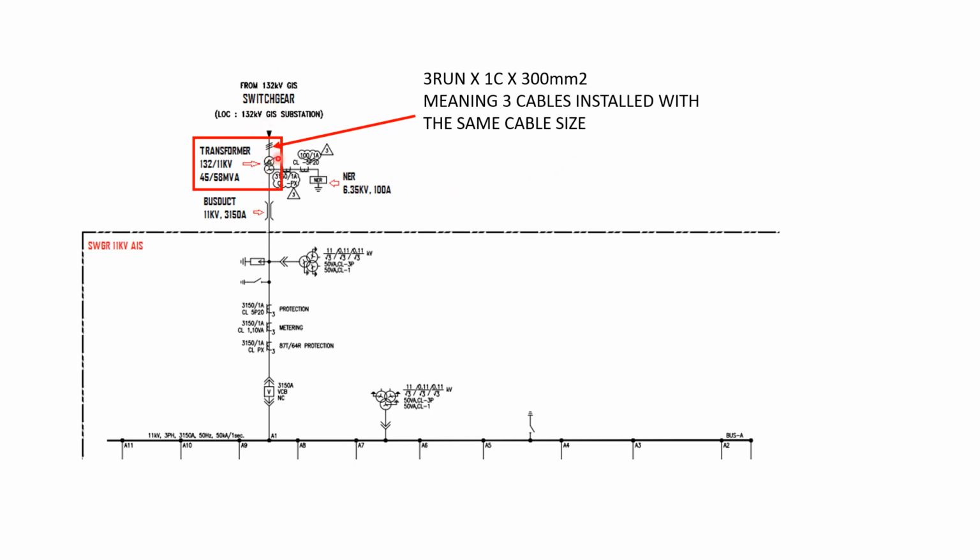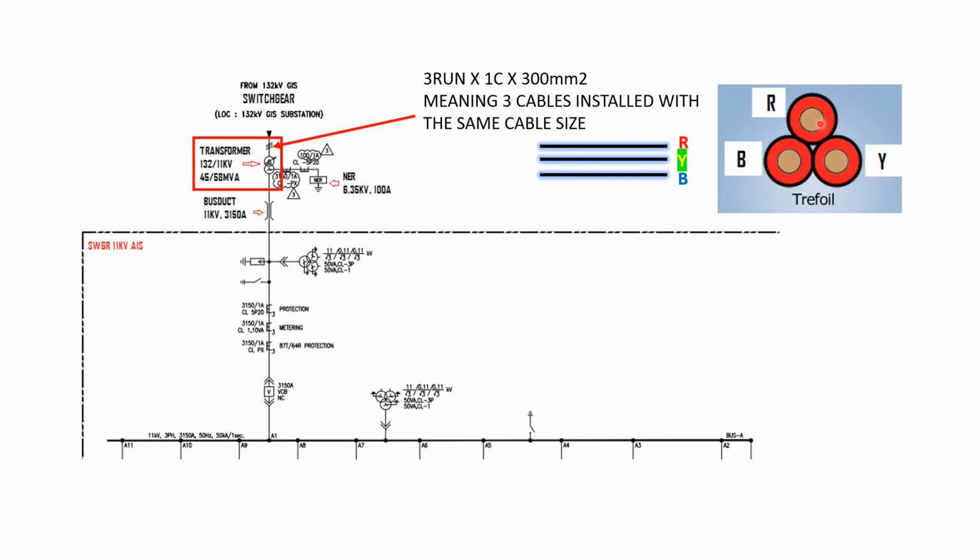How much the length is, everything is identified as per the cable schedule. We're using 3 run by 1 core by 300 mm squared, meaning 3 cables installed with the same cable size, for example R, Y, B, installed in a 3 phase formation.